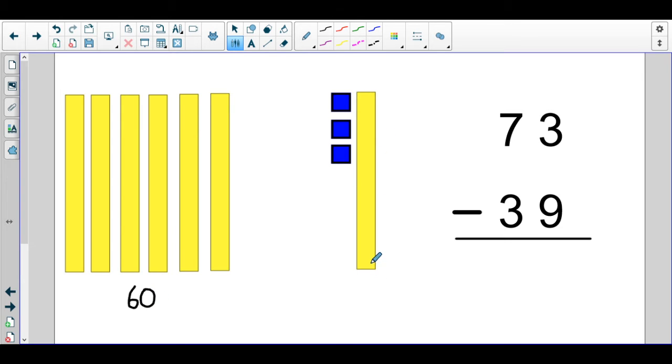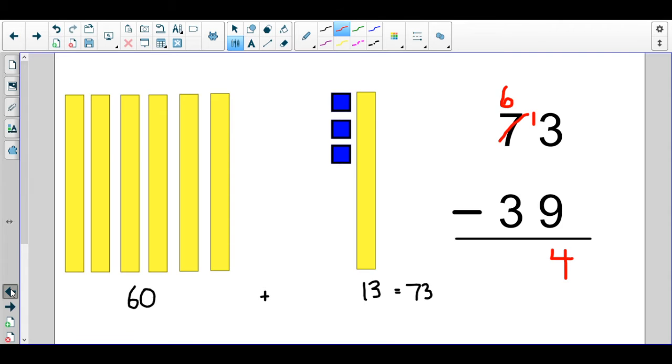And right here I have a 10 and 13. Now you add those up, you're going to get 73. All we've done is move a grouping of 10 from here and add it right there, so that the 7 becomes a 6 and the 3 becomes a 13. And then from here we can subtract and get the 4.